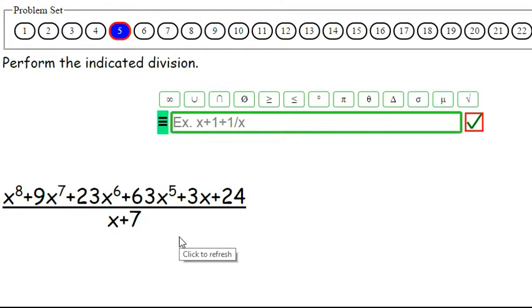Plus 23x to the 6th plus 63x to the 5th plus 3x plus 24 over x plus 7. Alright, we'll need a full screen on this one. So we'll have to write it down though.